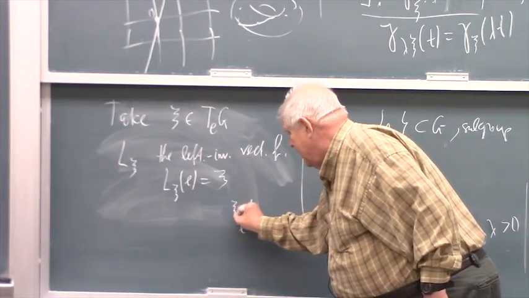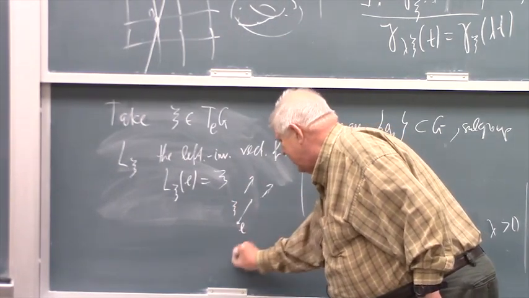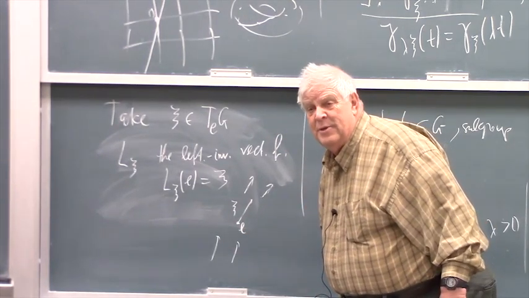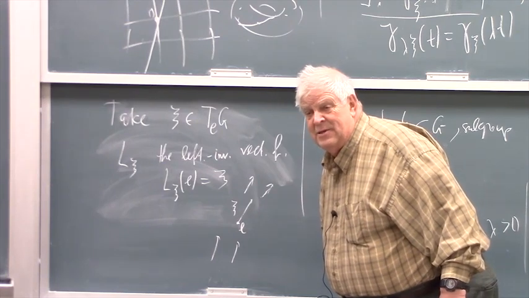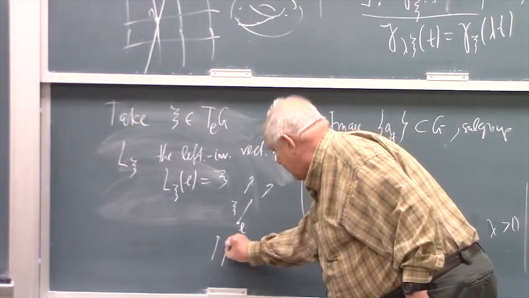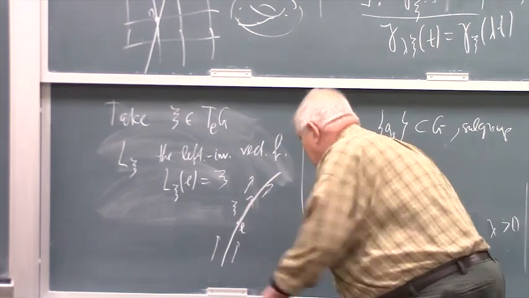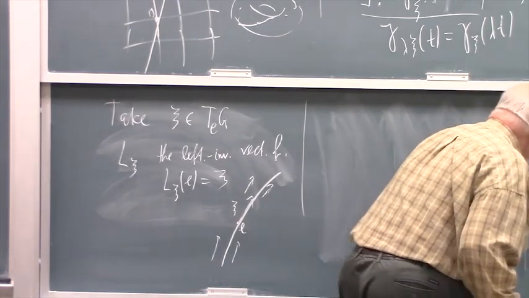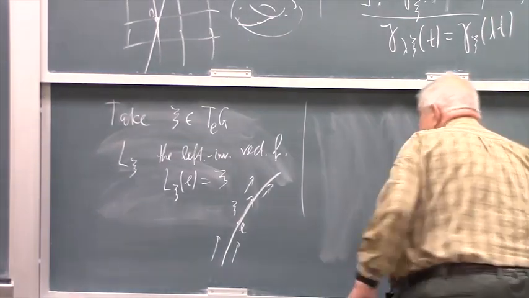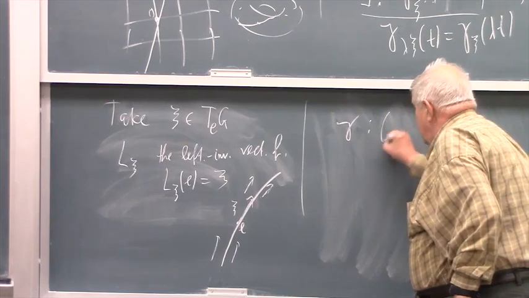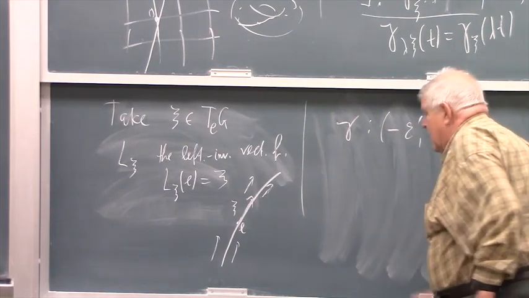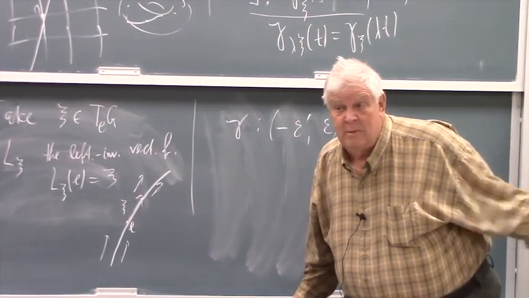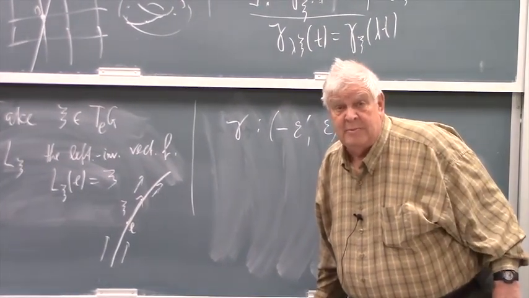This is xi, but also vectors at all other points, right? And then I can apply that theorem, which we decided to consider as known, and I get at least a curve. So what precisely do I get? I get a curve gamma defined on some interval, maybe very small, from minus epsilon prime to epsilon, two positive numbers.